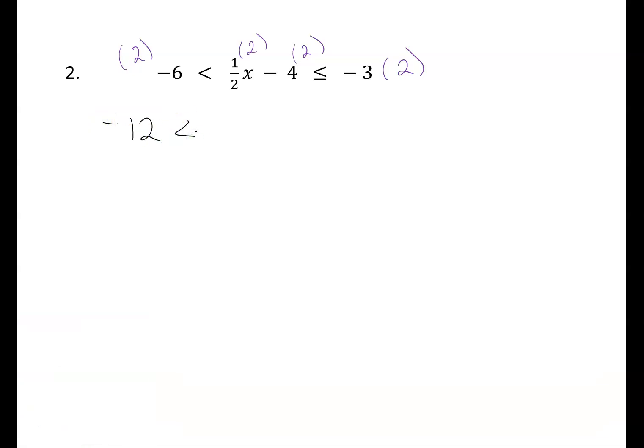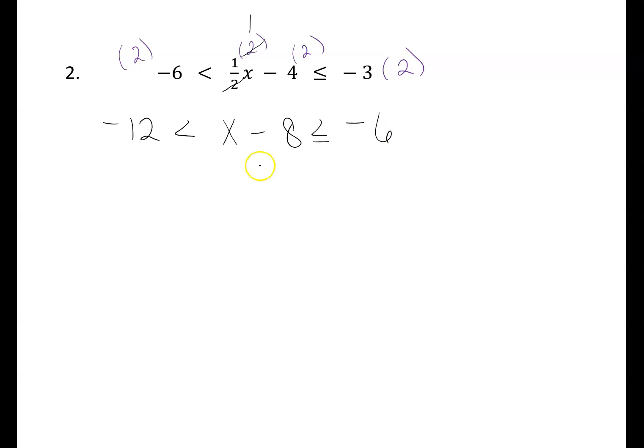In the middle, on the fraction term, remember to divide. 2 goes into 2 once, and 1 times 1 is 1x, which is the same as just x. Minus 4 times 2 is 8, and negative 3 times 2 is negative 6. So that's what it looks like if we clear the fraction first.